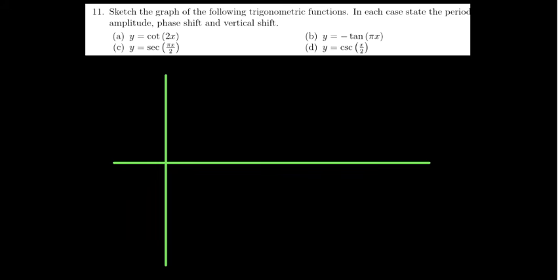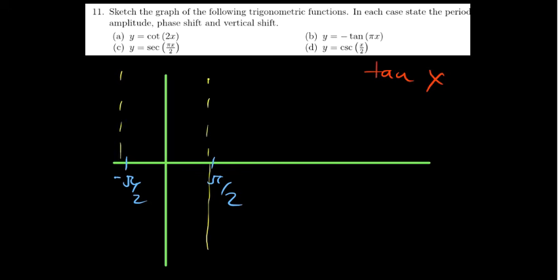So if you have the normal tan function, tan x, the simplest way of sketching this graph is just put your negative pi over 2 somewhere there, and then your pi over 2 somewhere there. Come up with the asymptotes at negative pi over 2 and pi over 2.